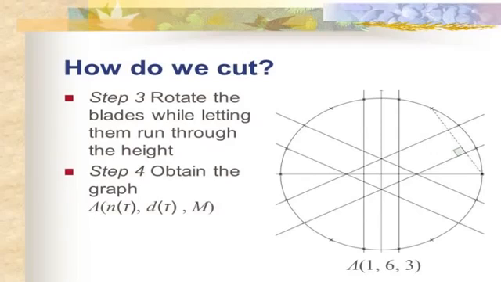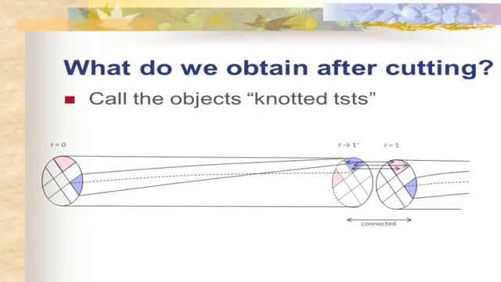We call this graph of the TST cutting lambda n tau, d tau, m, where n tau is the numerator of tau. Just now the case here is lambda 1, 6, 3. So what do we obtain after we cut? We obtain objects called knotted TSTs.